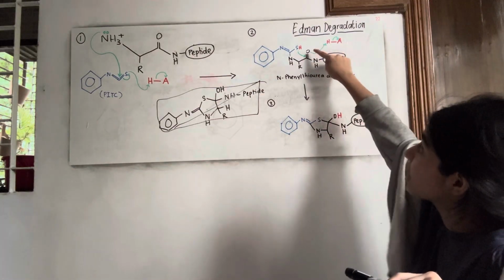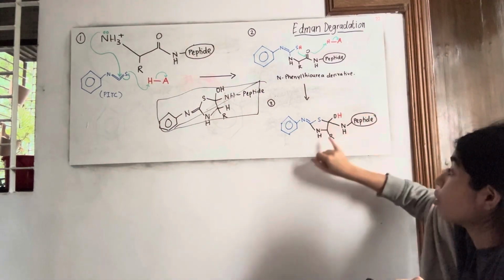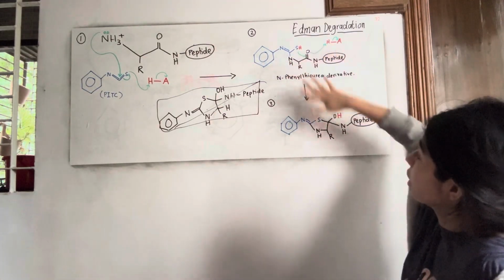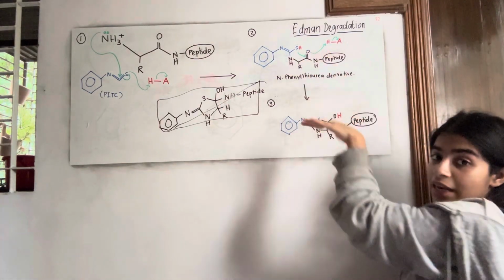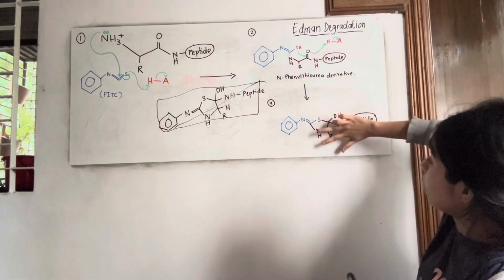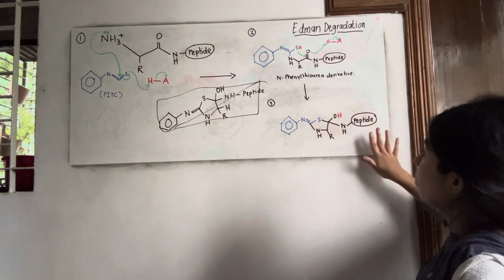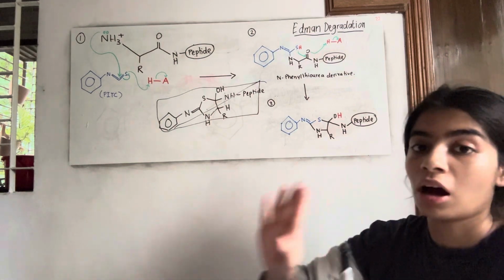And remember, oxygen gave its electrons to hydrogen, so we got an OH here. Imagine this slanted bond of NH and R became somewhat horizontal, and then you just connect it. Okay, that's clear, right? Let me know in the comments if it's not.